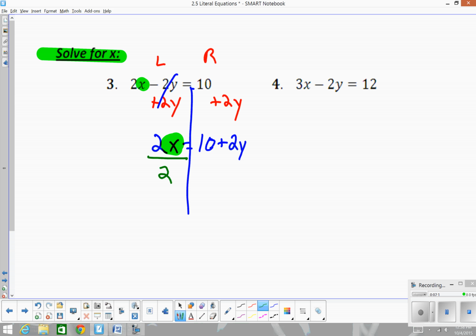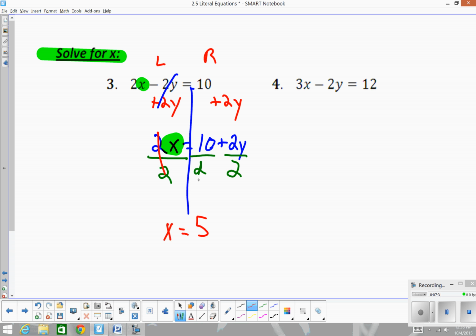Okay, now what you do on one side, you have to do on the other. So I have to divide this 10 by 2. And I have to divide the 2y by 2. Awesome. Now, all I'm going to do is go ahead and simplify straight down. So 2 divided by 2 is 1. I'm left with x equals 10 divided by 2 is actually just 5.